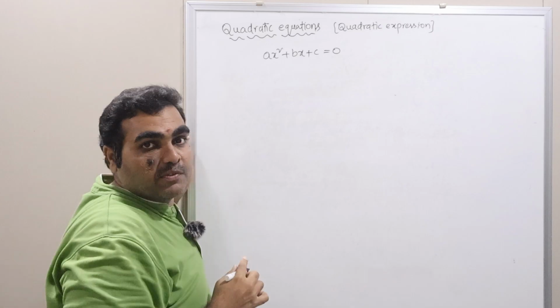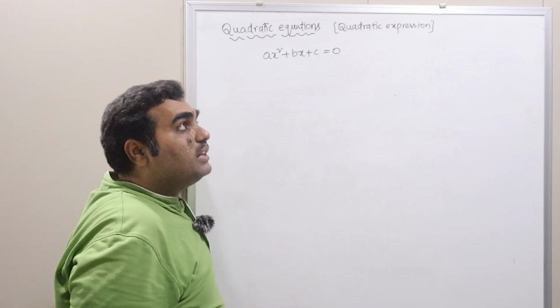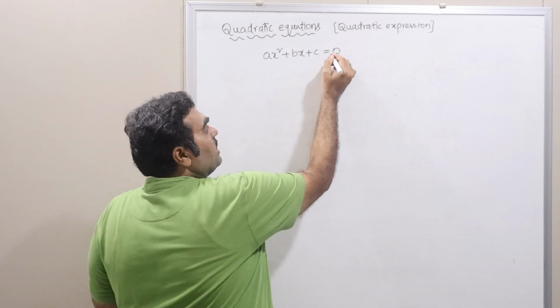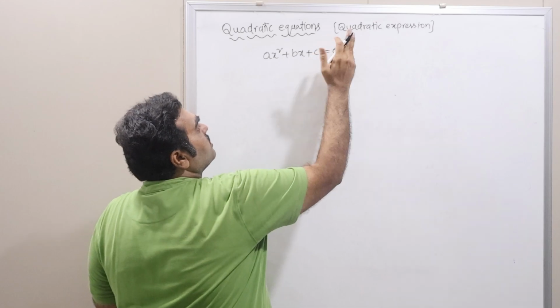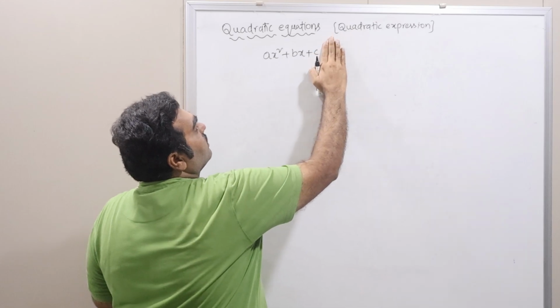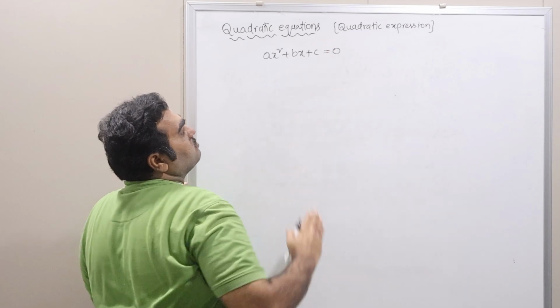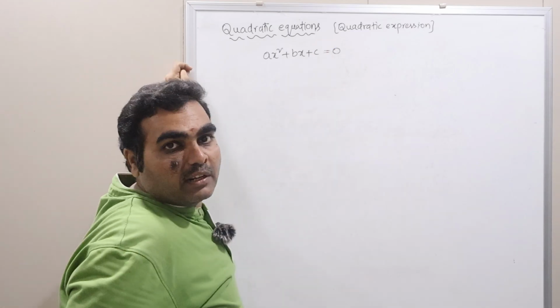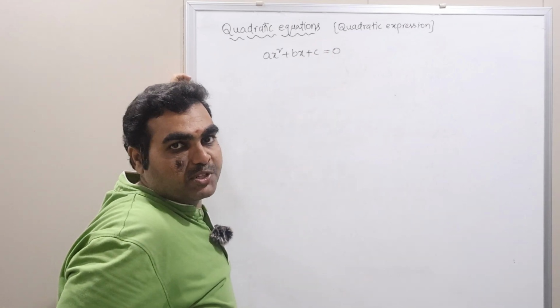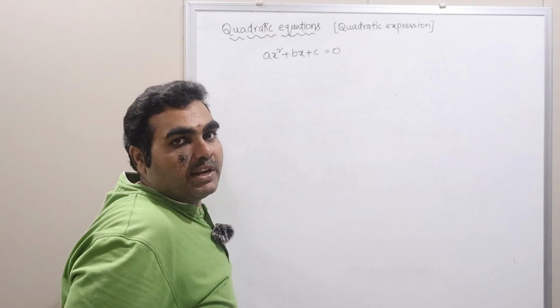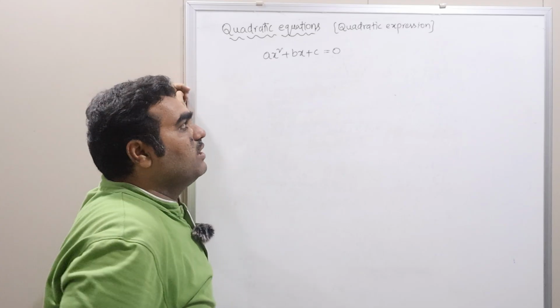This is quadratic equation. And when I consider this without equality and up to this only, this is quadratic expression. So if I don't consider equality, it is quadratic expression. If I consider equality, it is quadratic equation, right?